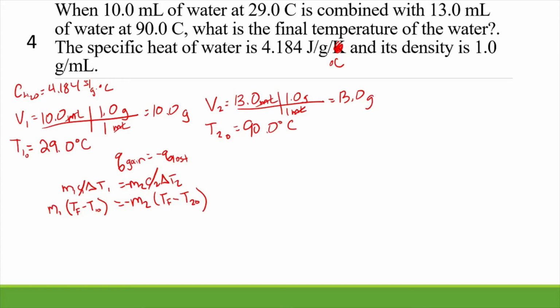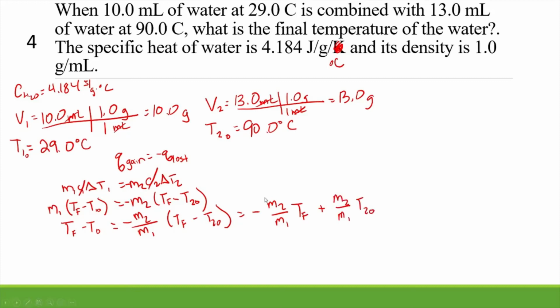So we need to solve for T final. We can divide both sides by M1. I like to do things in terms of variables to start. That equals negative M2 over M1 times T final minus T2 initial. Let me rewrite this: negative M2 over M1 times T final plus M2 over M1 times T2 initial.